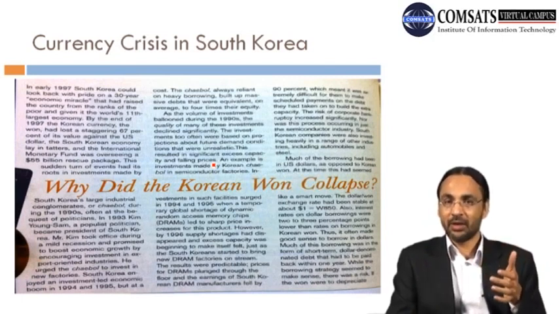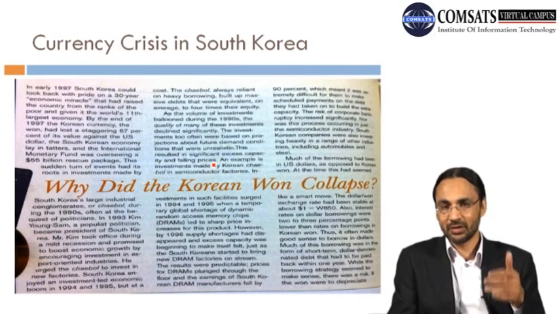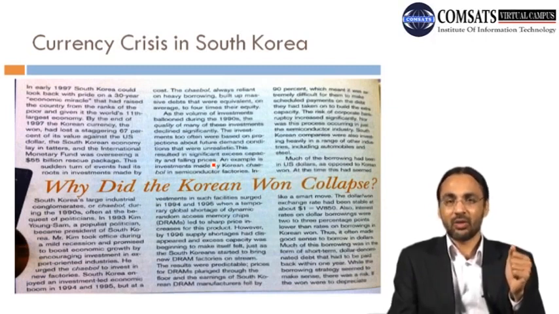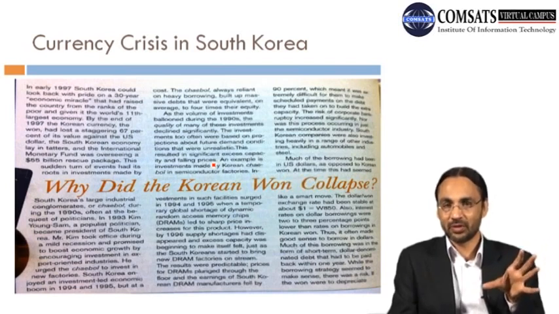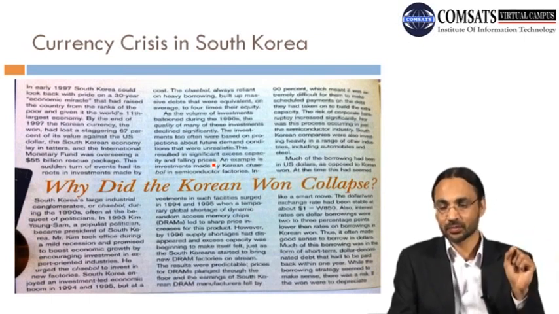And they made a lot of money in 1994, 95. They made a lot of money, but later on, in the subsequent years, when the demand for these microprocessor chips went down, the profit of these companies reduced by 90%. They fell by 90%.